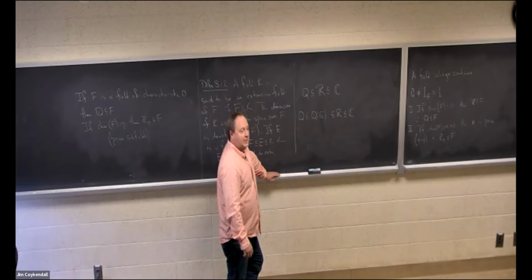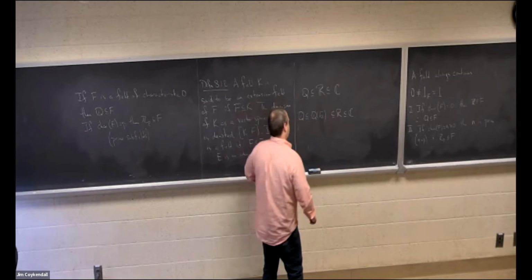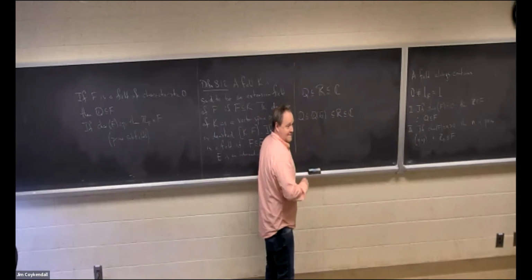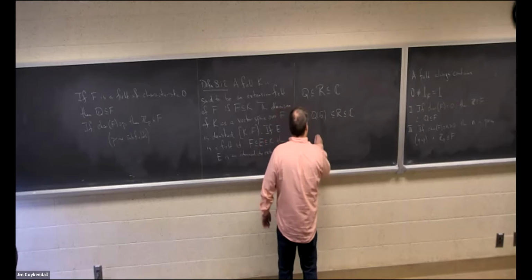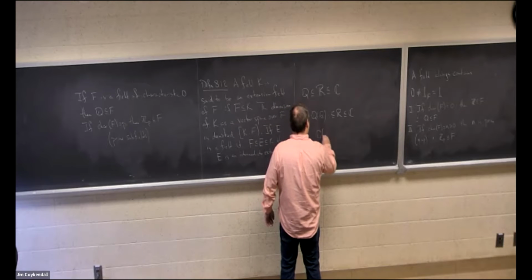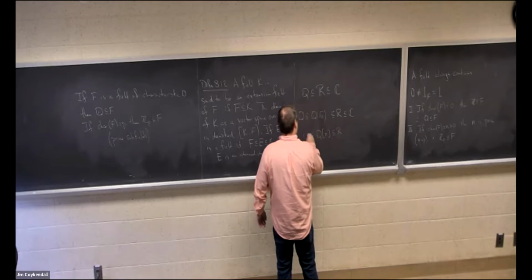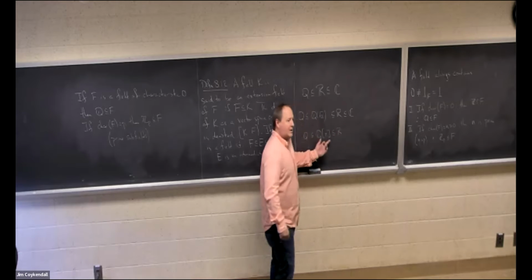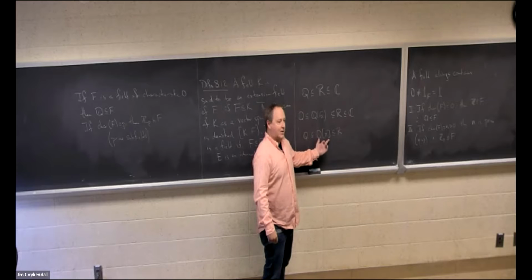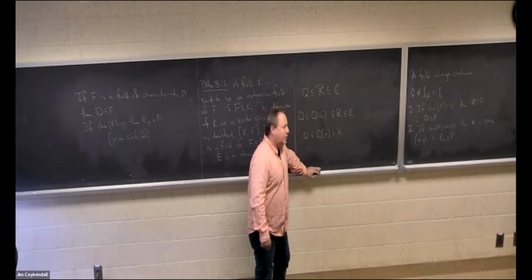By the way, can you name something between Q and R that is not a field? There's actually many. Very good. This is actually a ring, because pi inverse is not in here. This is the smallest ring that contains Q and pi. We'll prove this later.